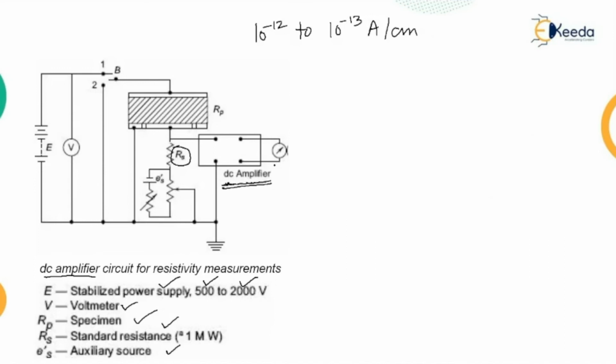Using a recording meter after the DC amplifier in this arrangement, the volt ampere time curves for long durations of the order of several hours can be obtained. This information is essential to determine relaxation time at low frequencies or with DC. So this is one kind of DC amplifier circuit.